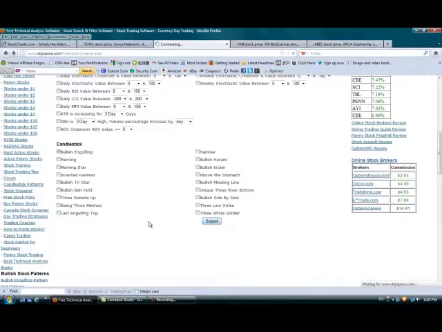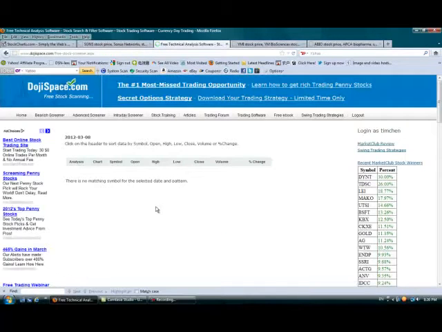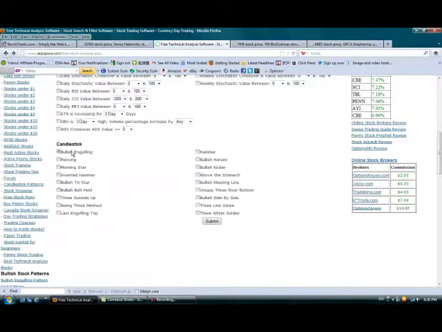And now if you screen again, it will give you a different result because now we want MACD combined with bullish engulfing. Okay, unfortunately there isn't any stock that matches our search criteria today.